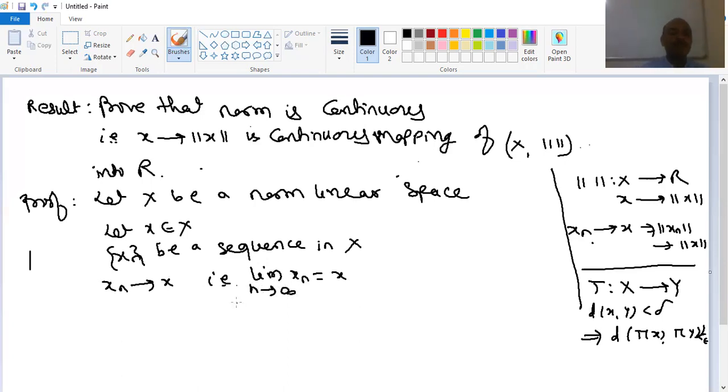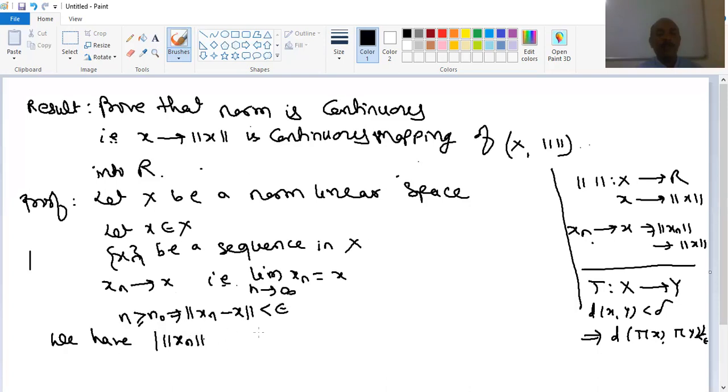By definition, in a normed linear space, for n greater than or equal to n0 implies norm of xn minus x is less than epsilon. Now we have mod of norm xn minus norm x is less than or equal to norm of xn minus x. As we have seen, this norm xn minus x is less than epsilon, so obviously this is less than epsilon.